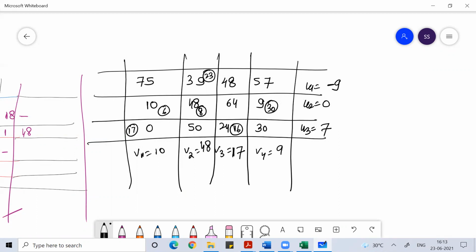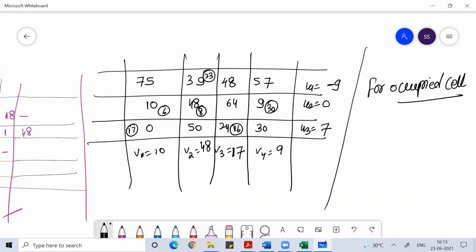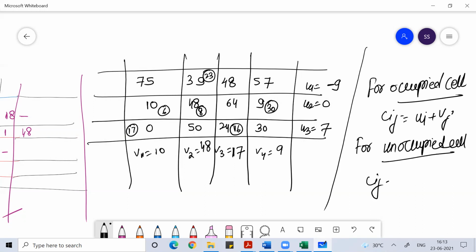Now for the unoccupied cell, you know, right? For occupied cell and for unoccupied cell, what formula to use? Every class I'm doing the same thing. For an occupied cell, you have to use the formula Cij equals Ui plus Vj. And for an unoccupied cell, you use the formula Cij minus (Ui plus Vj).